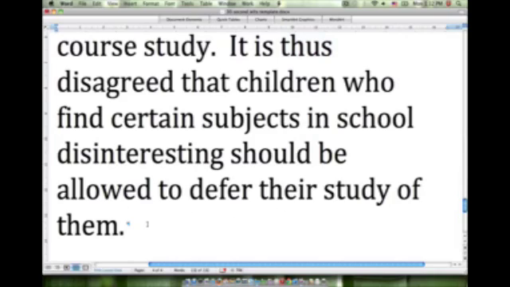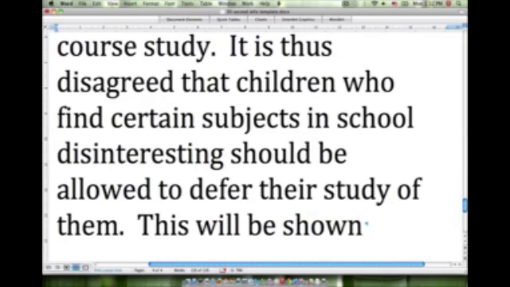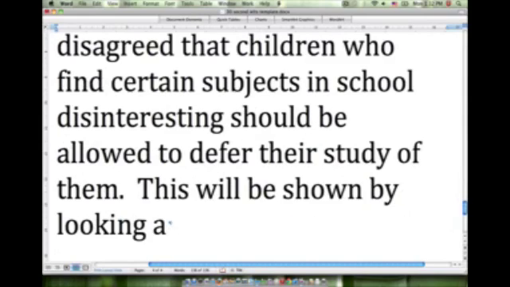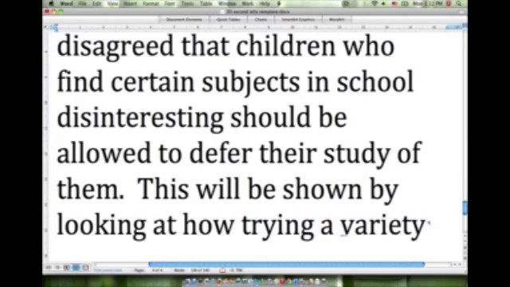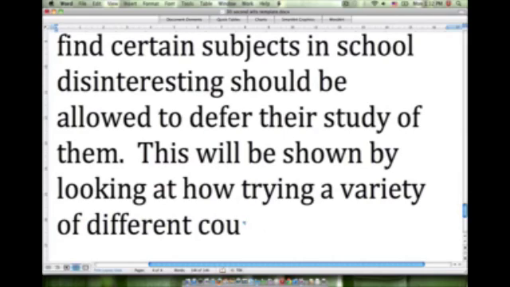Now, we're going to share our two outline sentences. So let's just do what we normally do, which is: this will be shown by looking at how trying a variety of different courses.